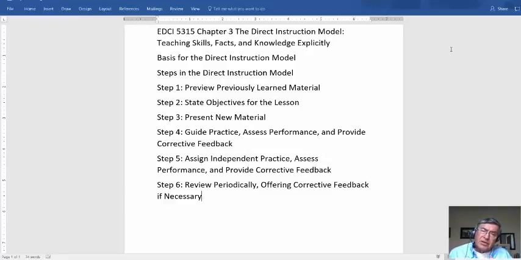And the guided practice, or the guide practice, assess performance and provide corrective feedback, is where if I were teaching my 5th graders, that would be the time when I'm teaching math. I would put a problem on the board and I would ask somebody, well, what do I do next? And ask somebody else, what do I do next?